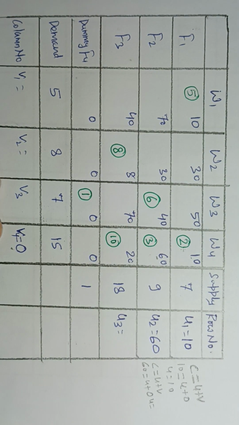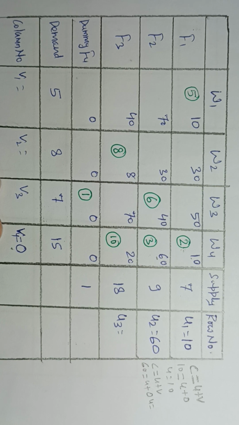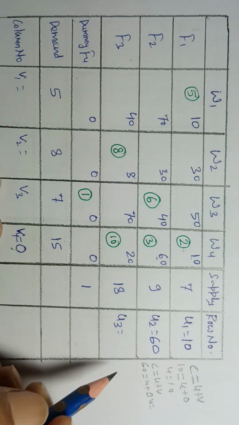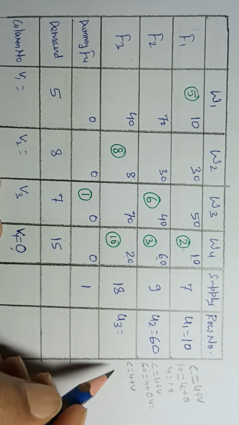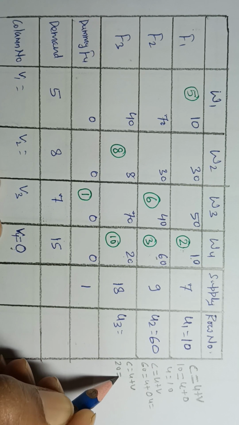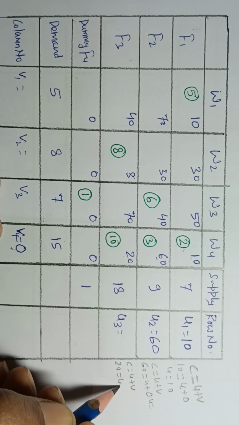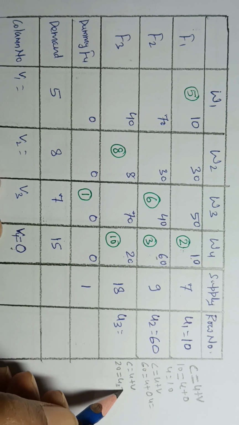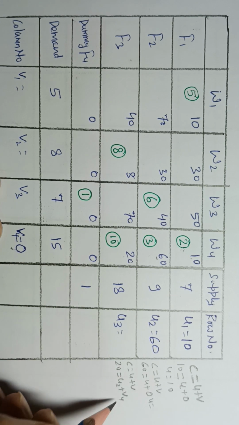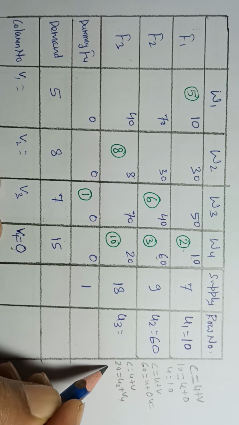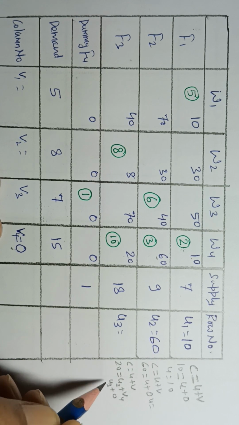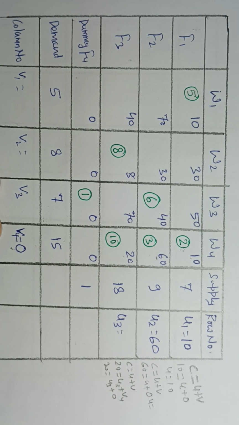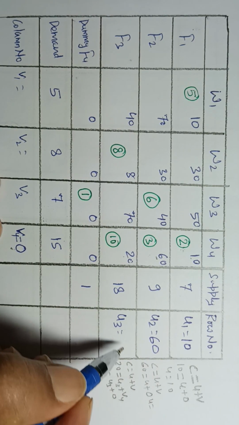Like this we can calculate the value of U3 also. Here we know V4 equals 0. So C equals U plus V. Here I will take C as 20. 20 equals U3, which we have to calculate, plus V4. At the place of V4 you write 0, plus U3 equals 20. So here U3 is 20.